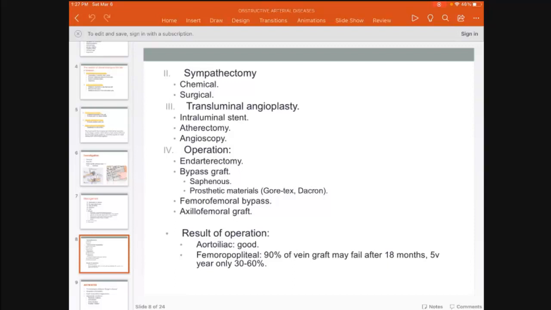But femoropopliteal, it is good in 90% with a vein graft, but failure starts after 18 months post-operative, and at five years only 30 to 60% of these patients have a patent graft. By the time, the graft may become occluded, because when the diameter is smaller, there is more chance to occlude again in the future.